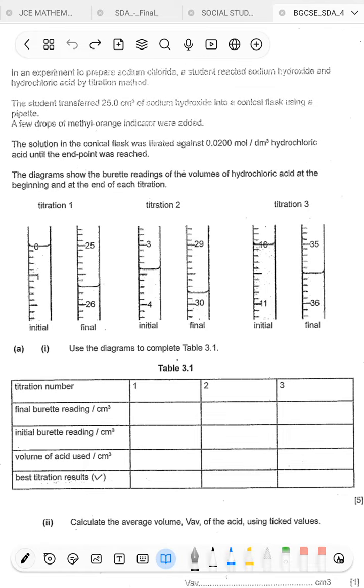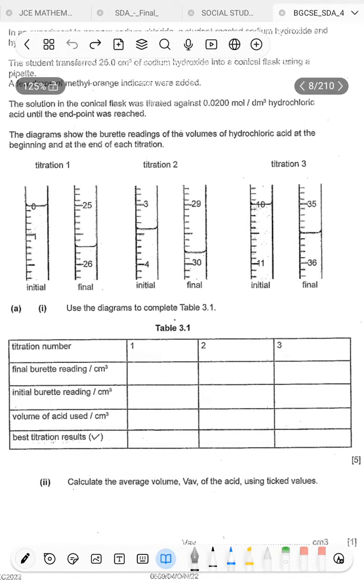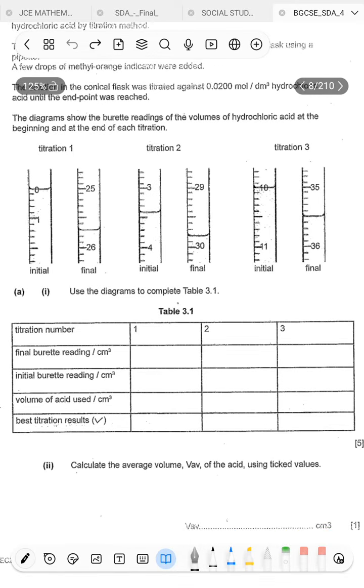The solution in the conical flask was titrated against the 0.0200 mole per cubic decimeter hydrochloric acid until endpoint was reached. The diagrams show the burette reading of the volumes of hydrochloric acid at the beginning and at the end of each titration. Those are the burette readings, the initial one and then the final one side by side. So we have titration 1, 2 and 3.